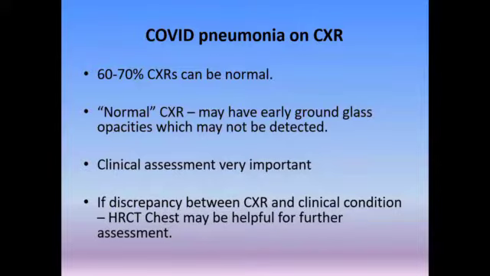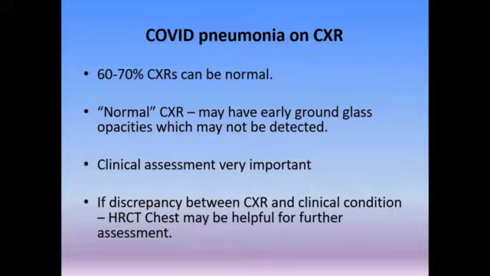And as I said, a normal looking chest X-ray can actually have early changes which may not be seen. The resolution may not show us the very early changes. For example, there is something we describe as ground glass opacities. That's a hazy kind of opacification of the lung fields due to partial filling of the alveoli by fluid or pus or blood for that matter.